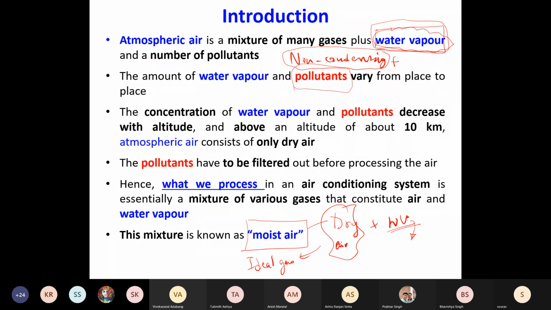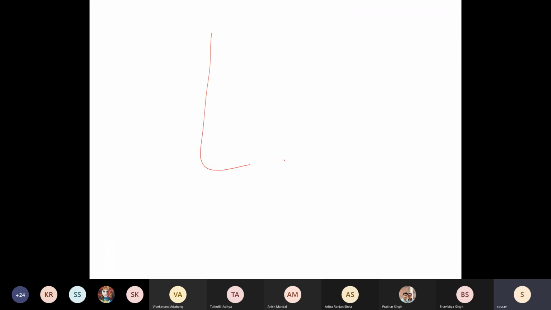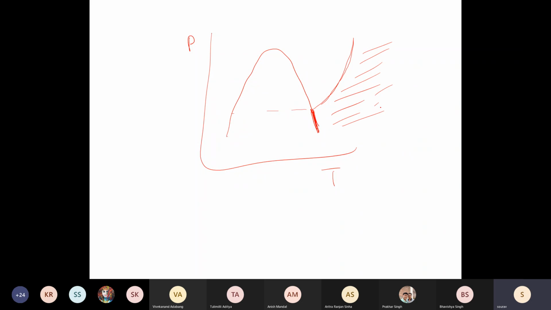So if you look at your PV chart, this is your vapor dome. Or you can also look at a PT chart. Normally at very low pressures, even very close to the dome, you can start treating the vapor, the saturated vapor, as an ideal gas. So this is the typical region where you can treat the gases as ideal gases.